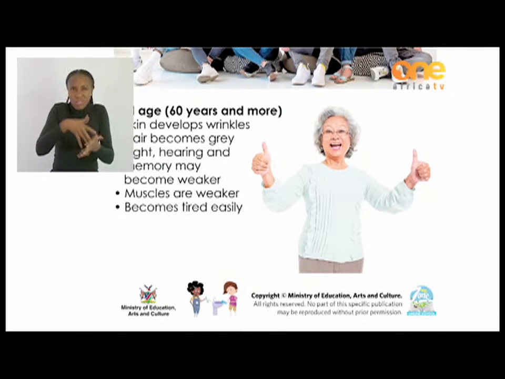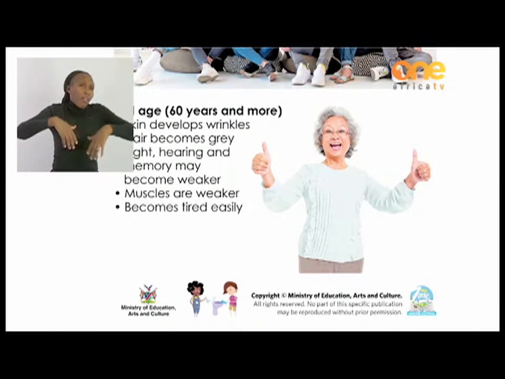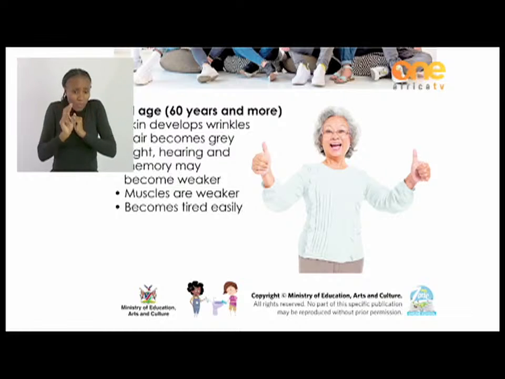Even if you feel them, you can feel that their muscles are a bit weaker compared to teenagers, adults, and the rest of the people. And they become tired so easily. When you walk a distance with a grandmother or grandfather, you realize that sometimes they pause the walk, telling you let's rest a little bit because I'm tired. Those are the characteristics of old age, which is 60 and above.